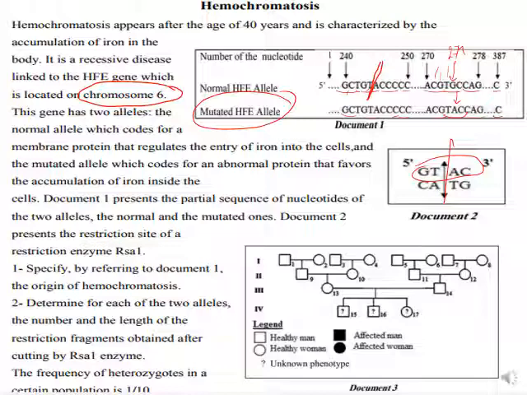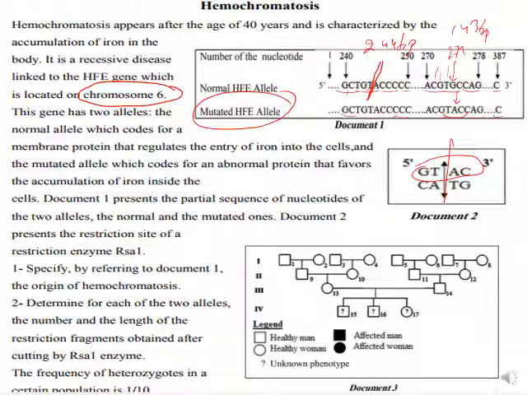The first will be about 244 base pair, and the second will be 387 minus 244, which is about 143 base pair.